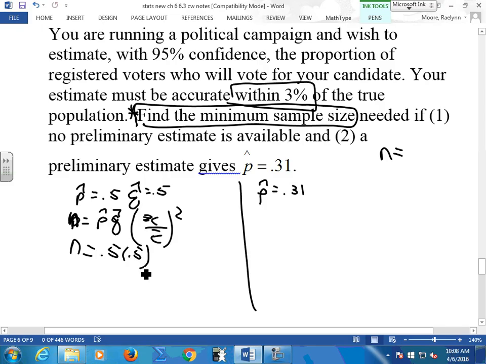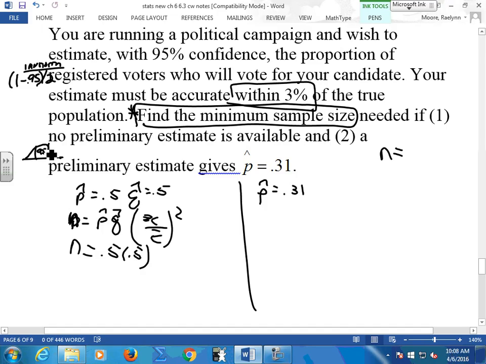My z_c: what is the z_c associated with the 95%? How do I find that out? You could look at your chart, or, since it's going to be hard to look at your chart, you're going to do 1 minus 0.95, divided by 2, in your inverse norm. Remember, this is a z_c. Inverse norm deals with z_c, because 95% falls in the middle.